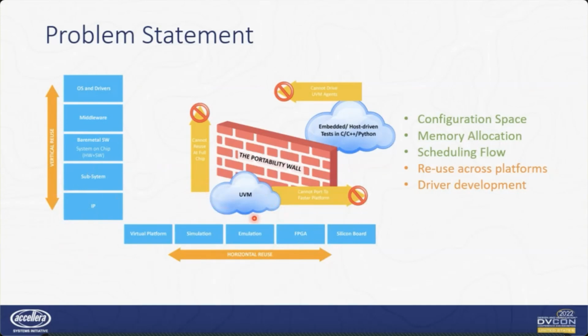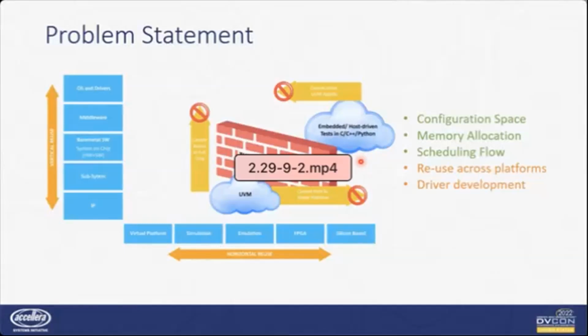Now, if you make a broad generalization, UVM is pretty much the methodology of choice when it comes to pre-silicon simulations. And when you have embedded cores, you would either run bare metal C test cases, or you could have some OS content. Now, while UVM is great with its constraint randomization, you cannot run UVM code on an embedded core.